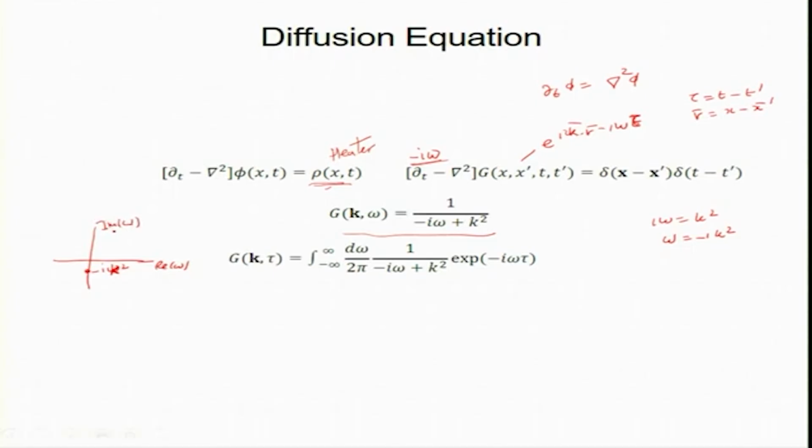For this integral, which side should I close the semicircle? Positive, upper or lower? Let us assume tau to be positive. So, tau positive, by Jordan's lemma, you should close in the lower half.